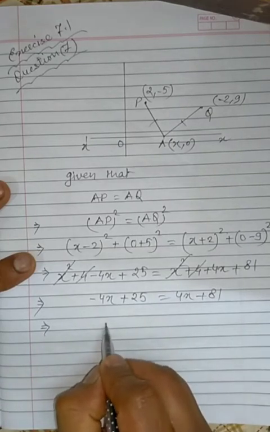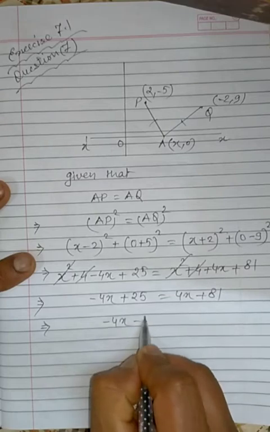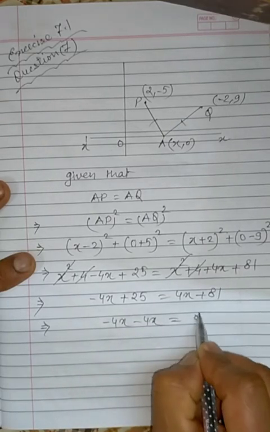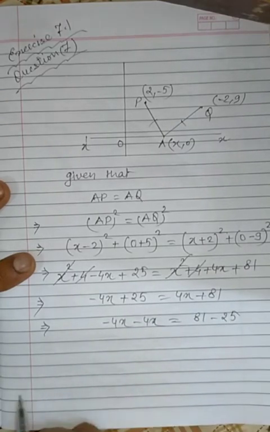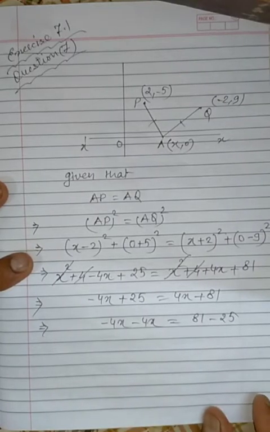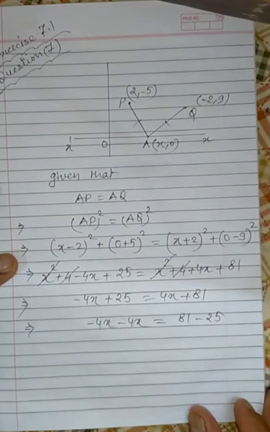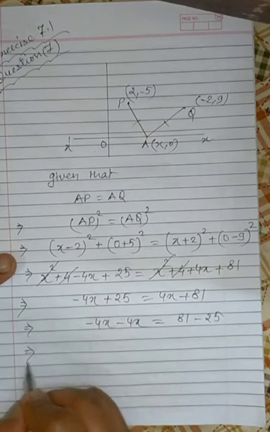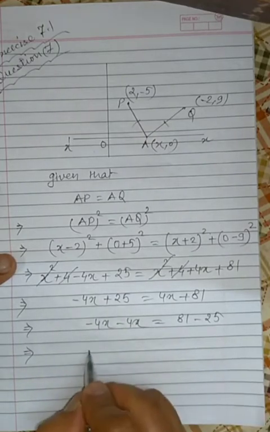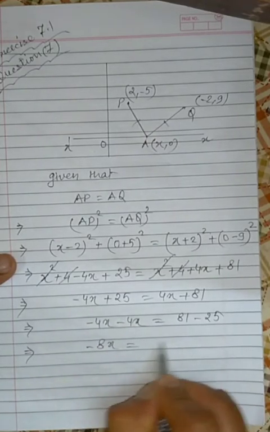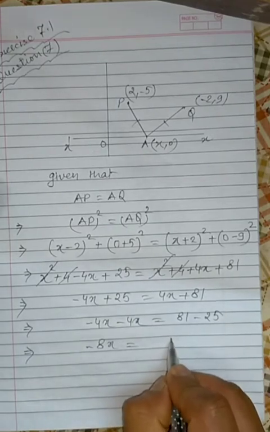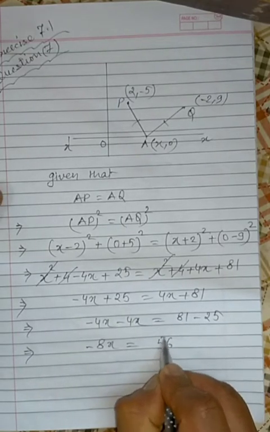That implies minus 4x is equal to 81 minus 25. That implies minus 8x is equal to 56.